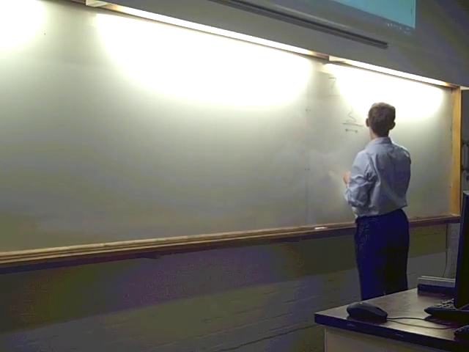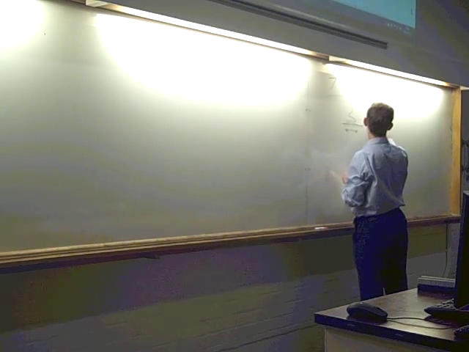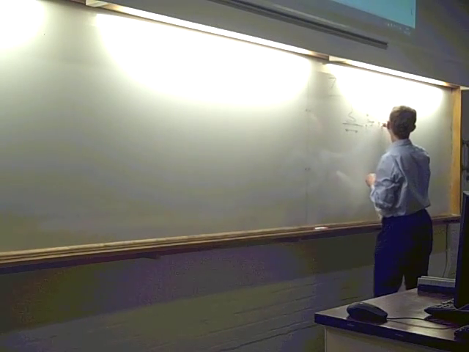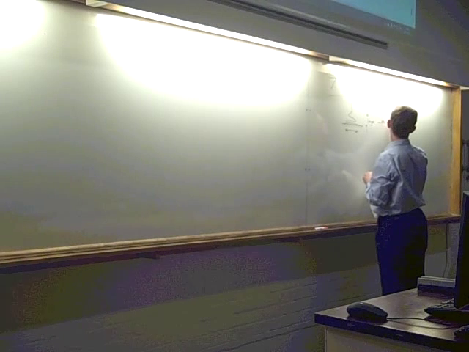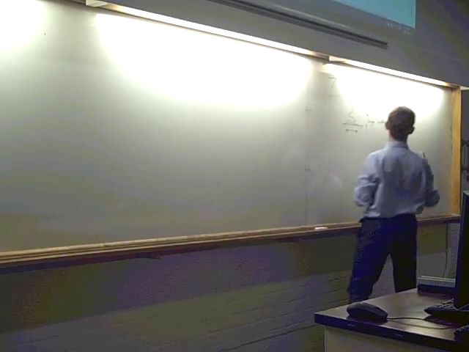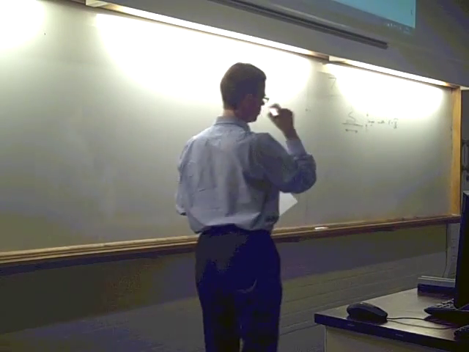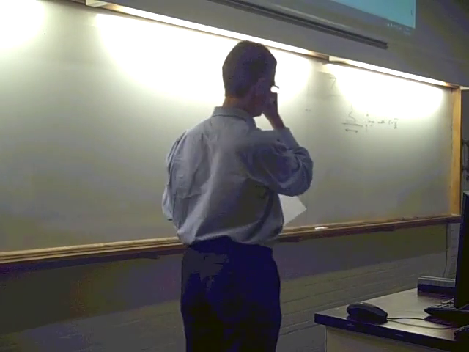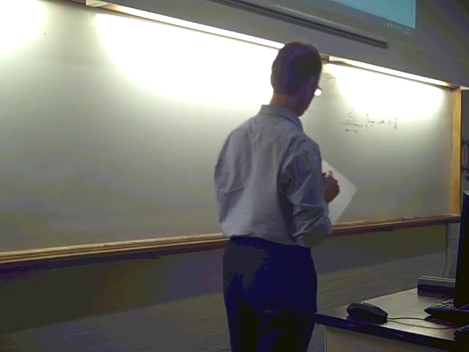Essentially all the disturbance was in a layer of width delta, which was roughly equal to root mu over n. So we had a thin layer where you get all the activity occurring.